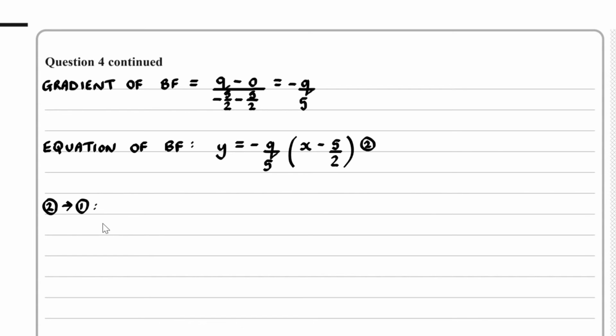So I've got 10x subtract 2qy, but I already know what y is. y is this result over here.